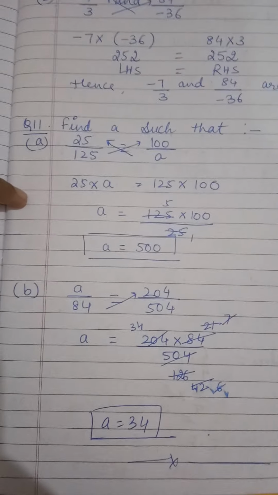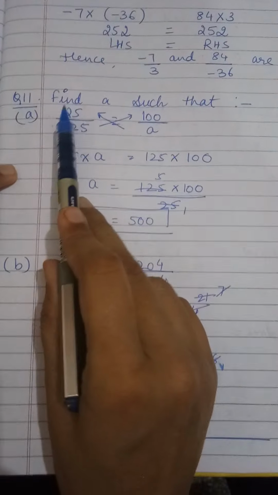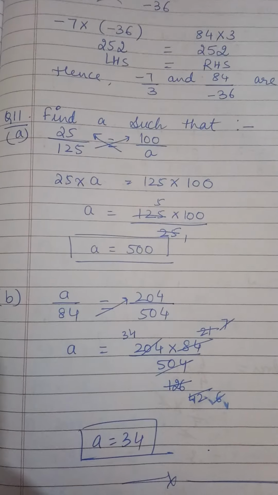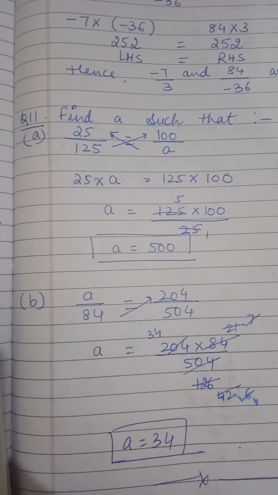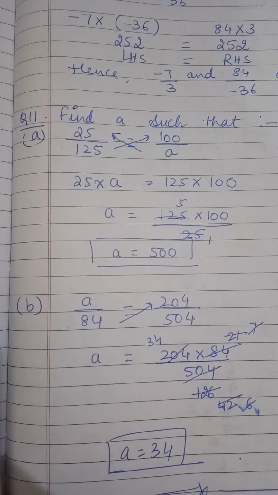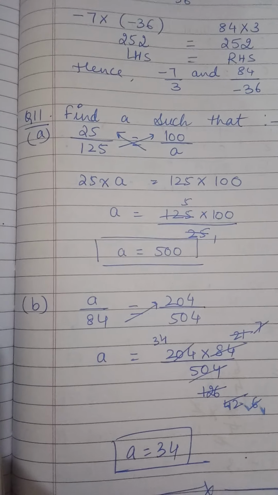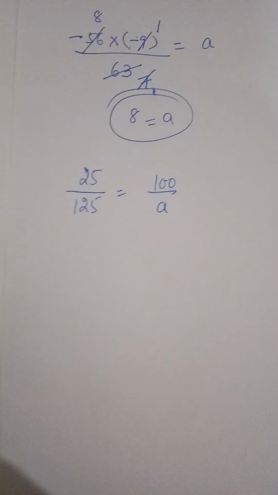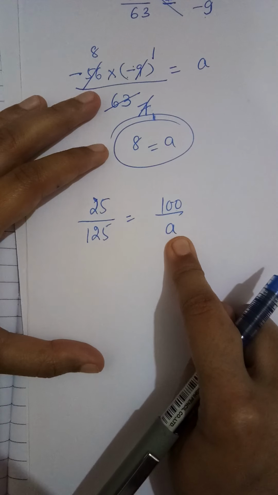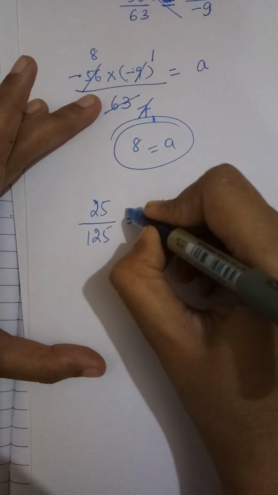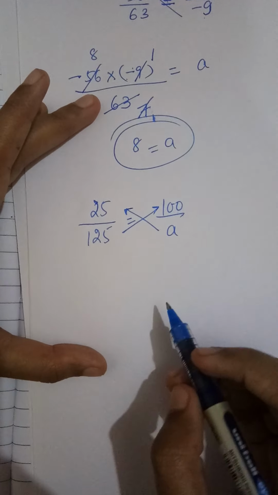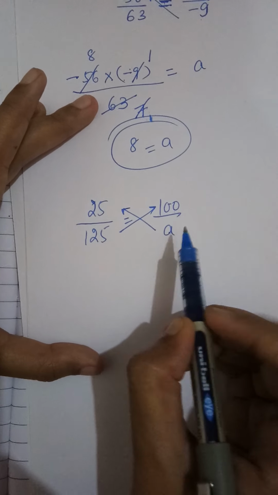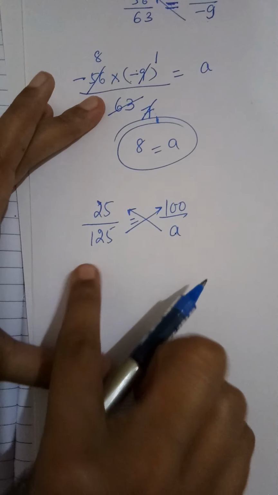In question 11 we have two parts. Find a such that, first part, 25 upon 125 equals 100 upon a. Since a is in the denominator, I am going to cross multiply, because I want a alone in the numerator.